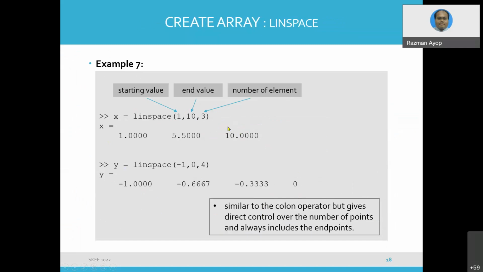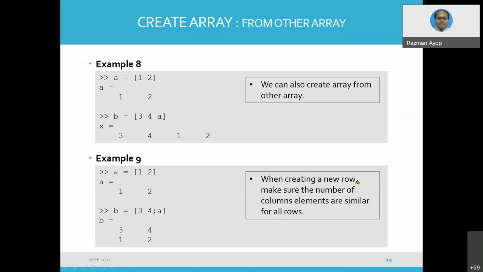Okay, we move on to the next one: how to create an array from another array. You can see here A equals 1 and 2, and you want B equals 3, 4, and you want to add A inside here. So you just put something like this. Basically, you transfer A inside here, and A will become this.